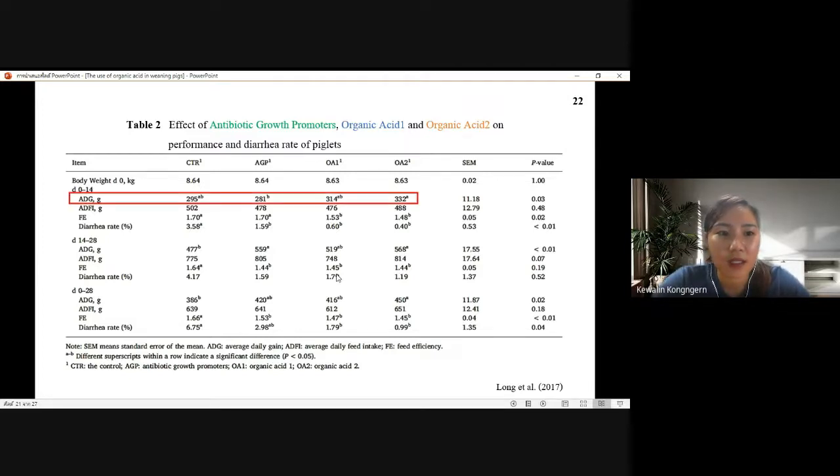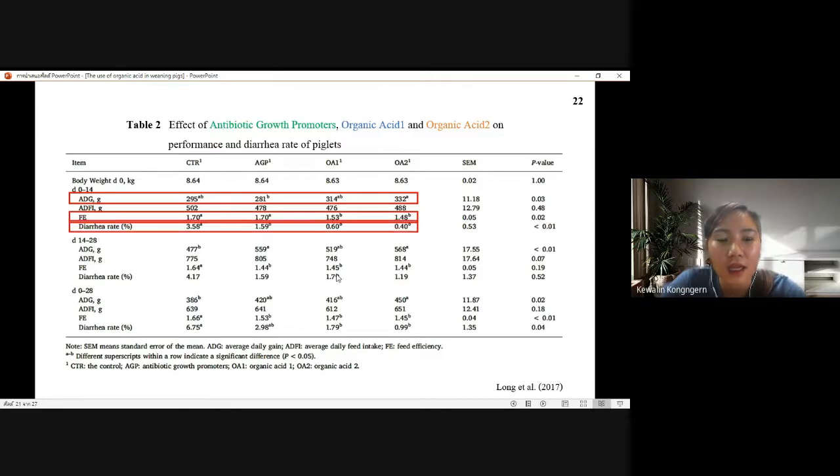We will see in day 0 to day 14, the ADG of organic acid 2 is greater than the other groups, but it is not significantly different from OA1. And in FE and diarrhea rate, organic acid 2 is better than the other groups, but it's not different from organic acid 1.